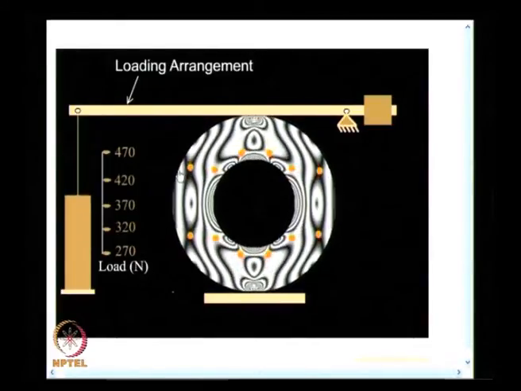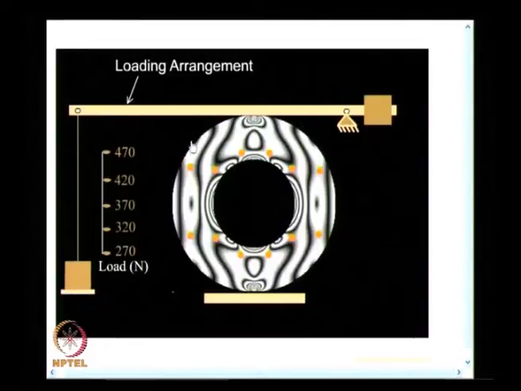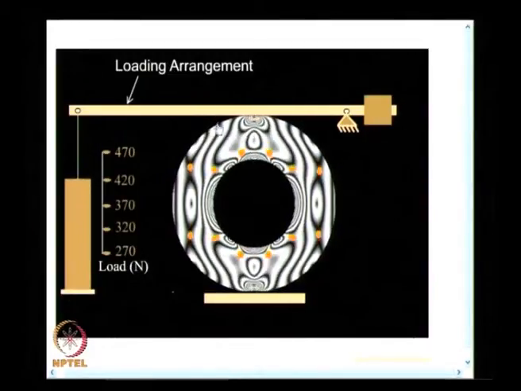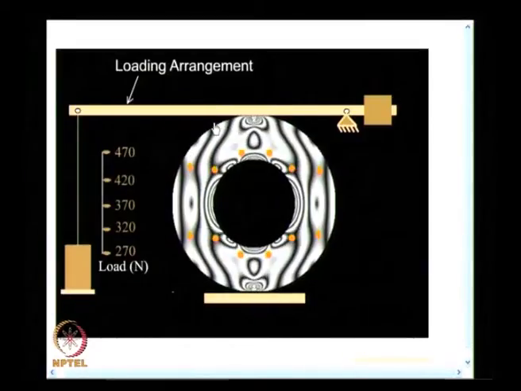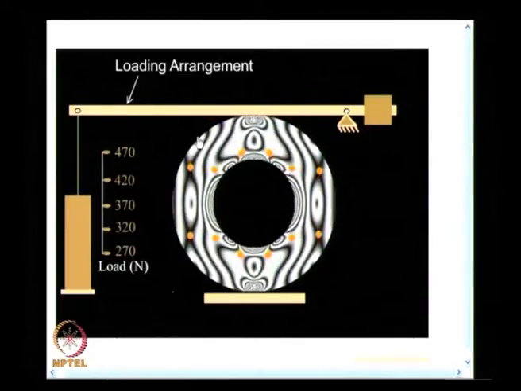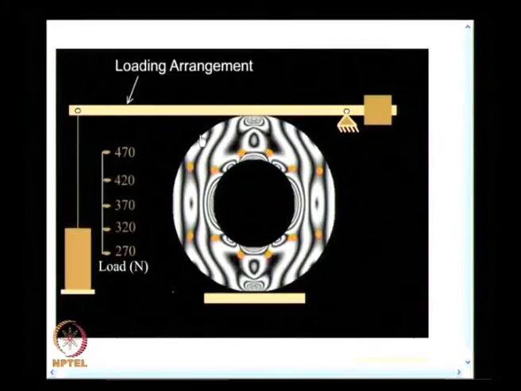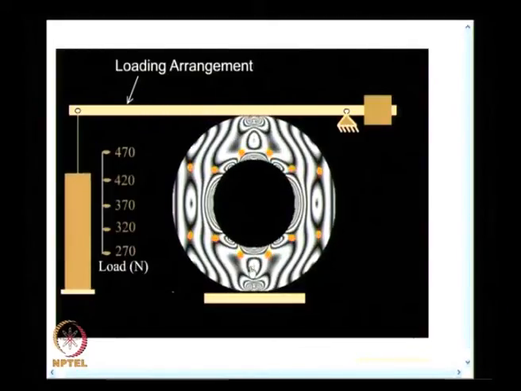Whenever I cross fringe order 0, the sign of the boundary stresses changes on the boundary. You have to understand that. When I cross 0, I can cross only when there is a sign change, and you have 2 sinks in the ring under diametric compression.